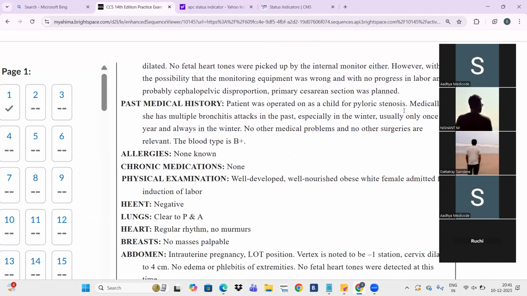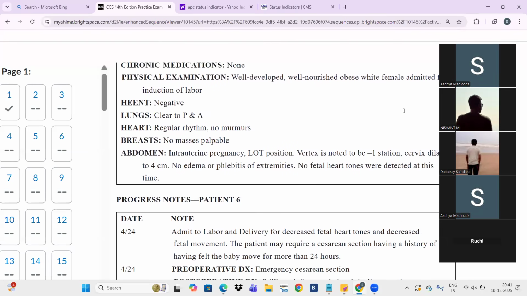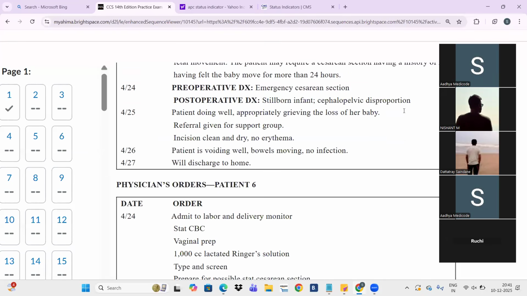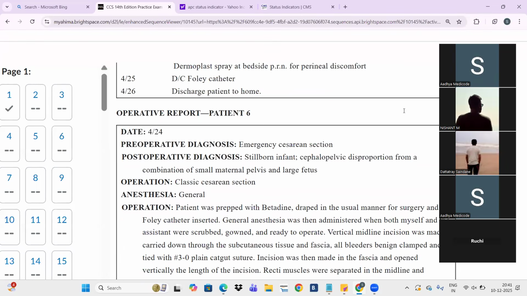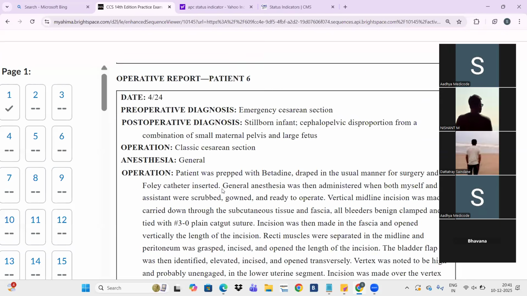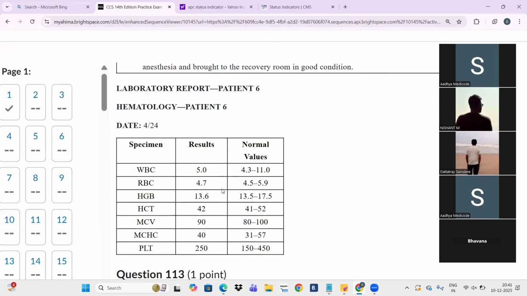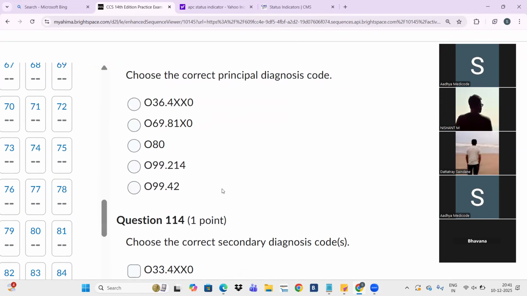If the documented reason of the admission has a related established diagnosis, how can a symptom be the PDX? This is the diagnosis: stillborn infant, cephalopelvic disproportion from a combination of small maternal pelvis and large fetus, and they did the classical section. These are the conditions. So what is the PDX?